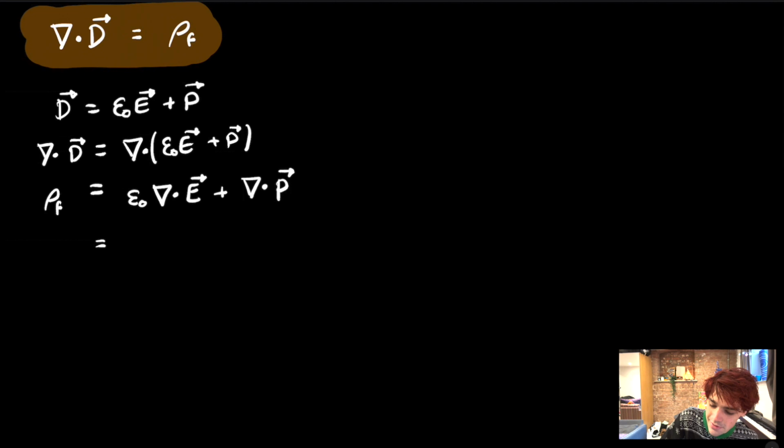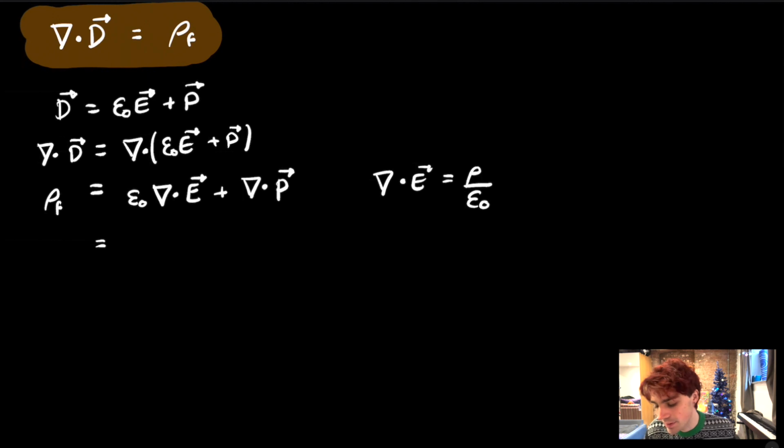And so the divergence of E from Gauss's law that we had before is equal to rho over epsilon naught, where rho is the total amount of charge enclosed within a surface, or within an infinitesimally small volume in this case, because we're dealing with a differential form. But of course we're multiplying it by epsilon naught, so this is just rho.